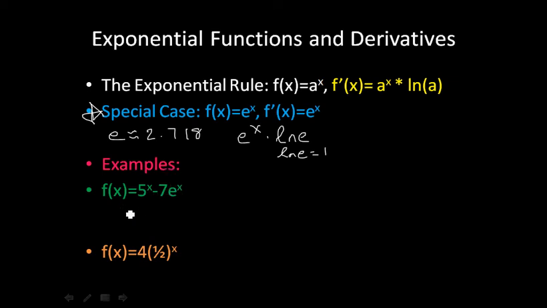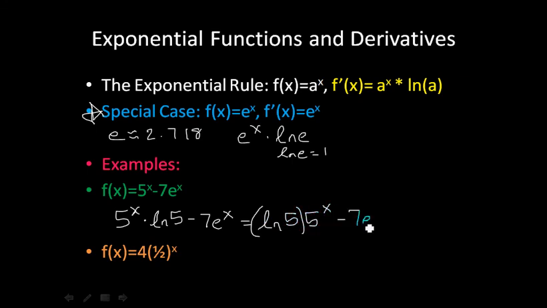So we just take the first chunk here, using this property up here, so we get 5 to the x times the natural log of 5 minus 7, which is just a constant, so we just multiply it out, e to the x, because remember, e to the x is a special case. So then to simplify it a little more, you get the natural log of 5 times 5 to the x minus 7e to the x.